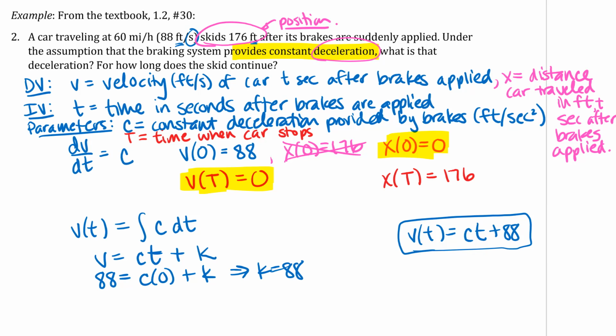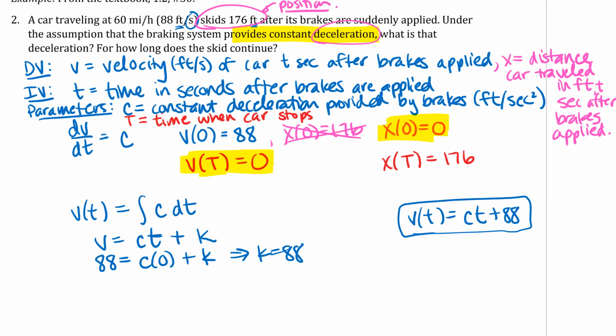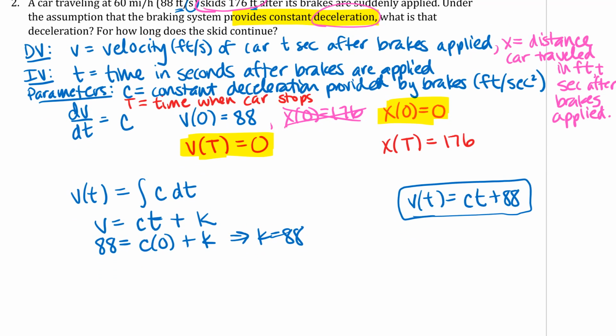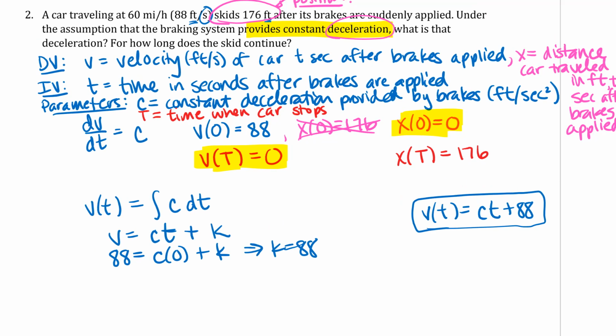All right, we're going to go ahead and write a second differential equation. So remembering that acceleration is rate of change of velocity with respect to time, and velocity is rate of change of position with respect to time, I can write a second differential equation here. So dx dt equals, and I'm just replacing my v of t with dx dt, so ct plus 88.